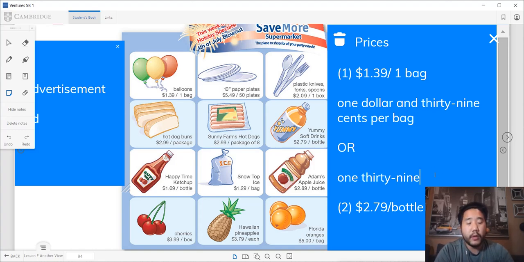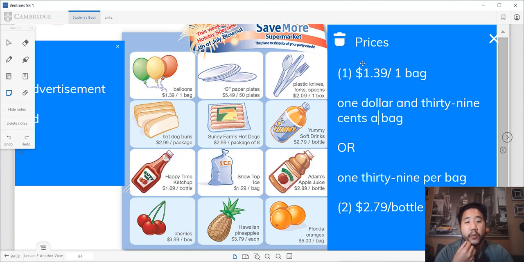We can do 139 a bag or 139 per bag. You can use either one, per or a.